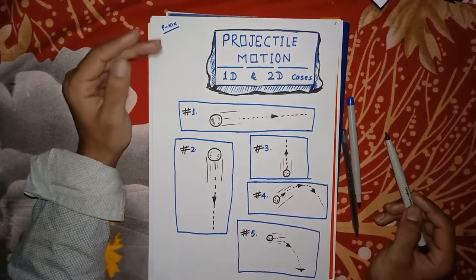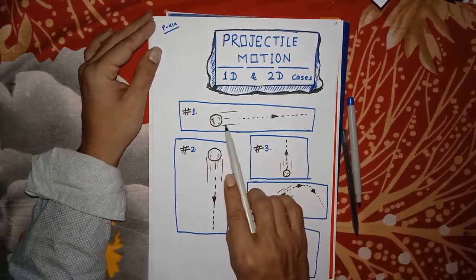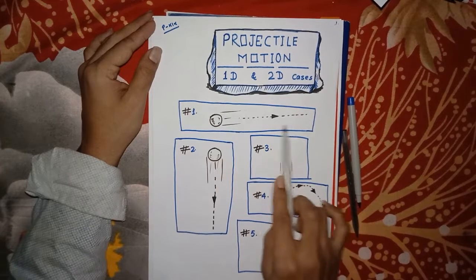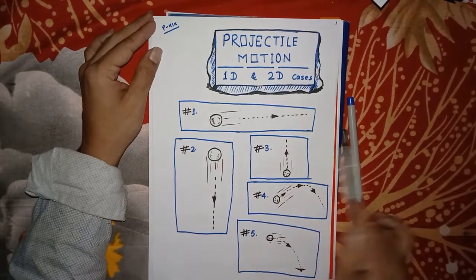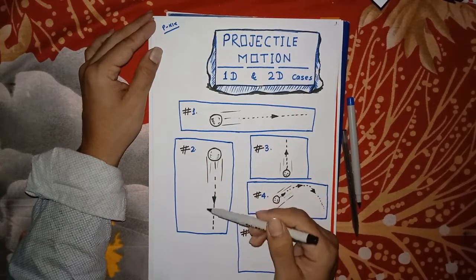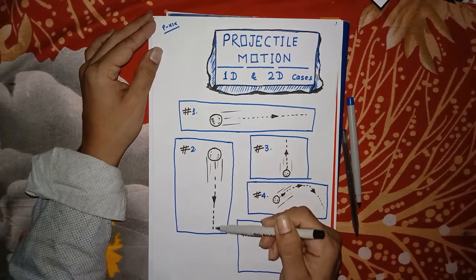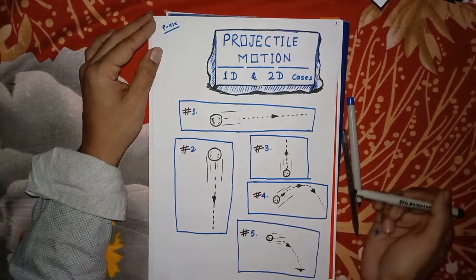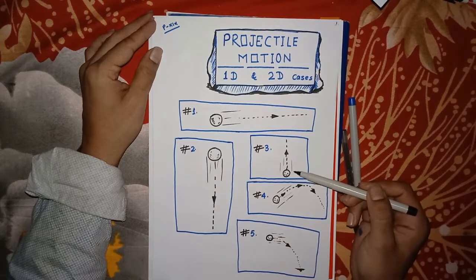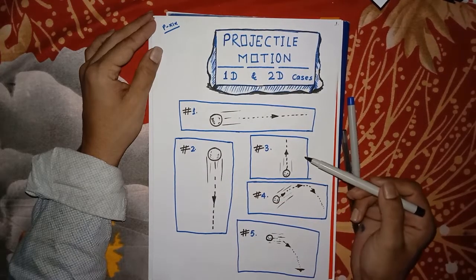For example, a ball is thrown horizontally towards east. In this case, the ball is going down vertically towards the ground, or in this case, the ball is going upward vertically.